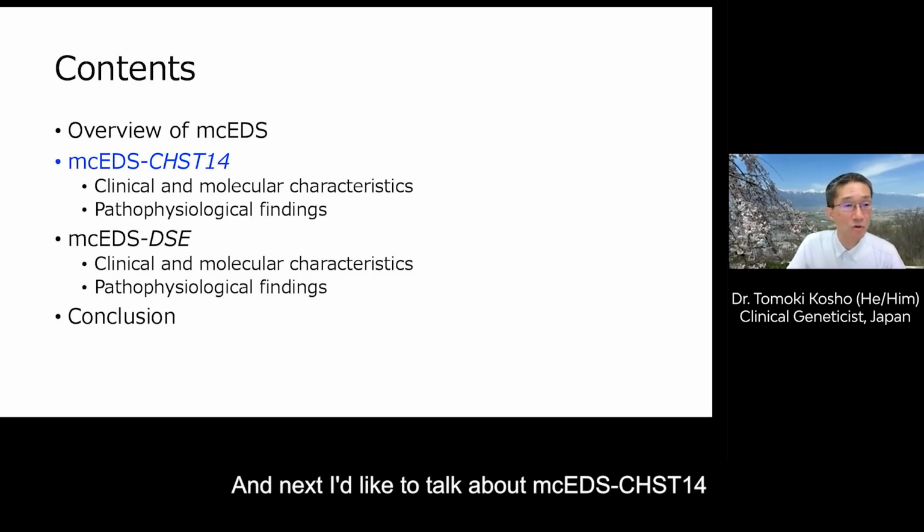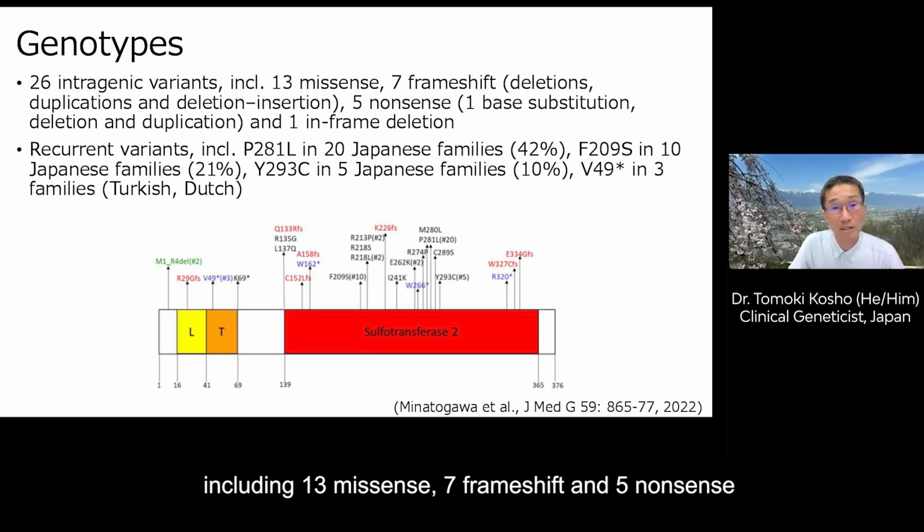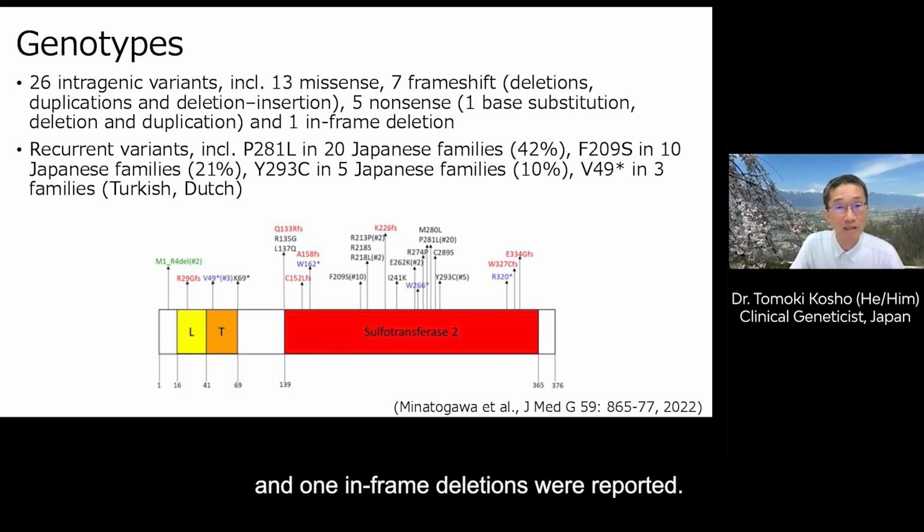Next, I'd like to talk about mcEDS CHST14. Genotypes are like this: 26 intragenic variants, including 13 missense, 7 frameshift, 5 nonsense, and 1 in-frame deletion were reported.